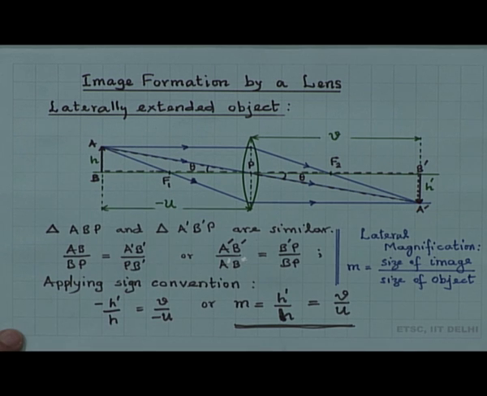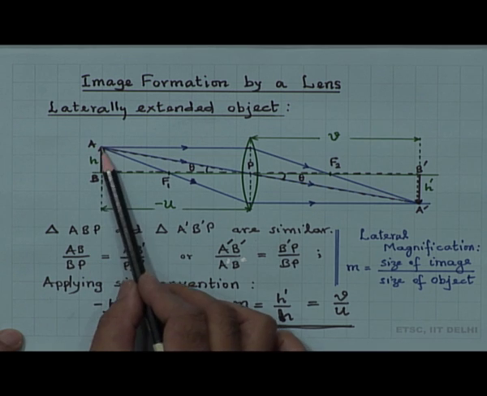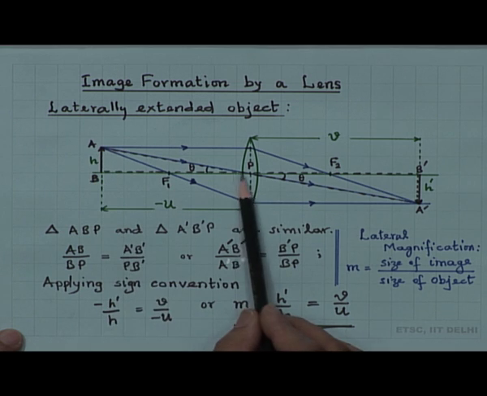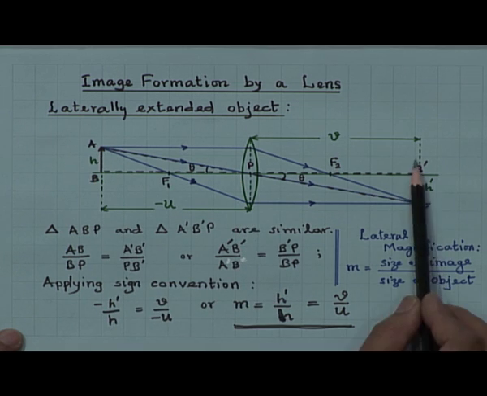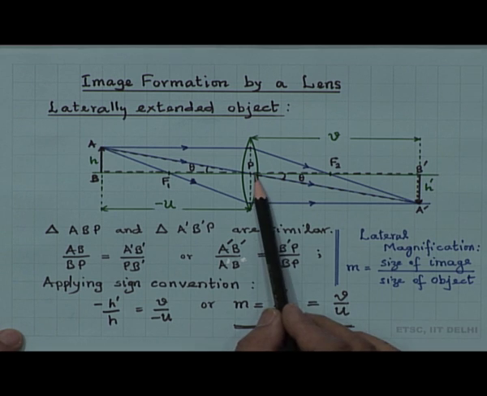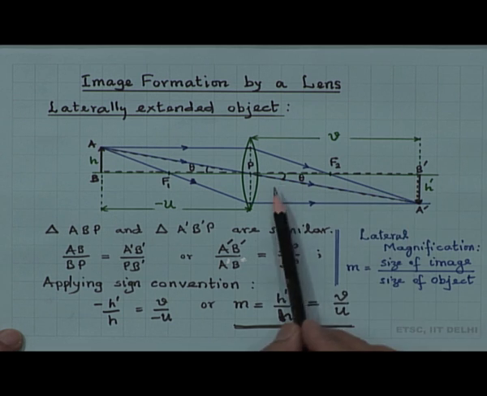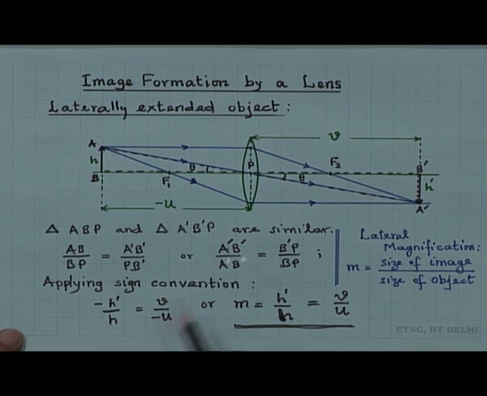So, all three angles are equal, and therefore, we have AB by BP, which is actually tan theta, is equal to A dash B dash by B dash P. So, shifting this, A dash B dash by AB is equal to B dash P by BP.